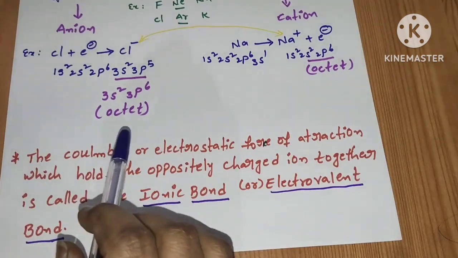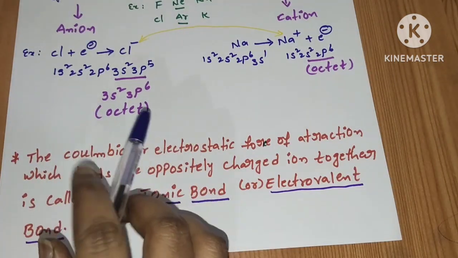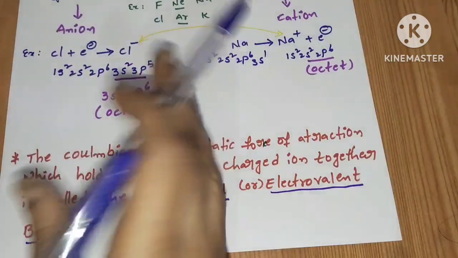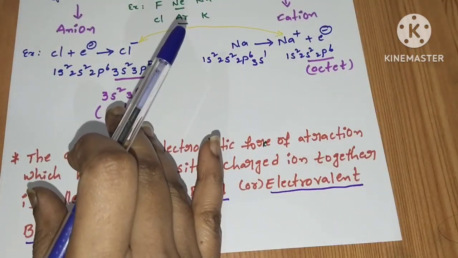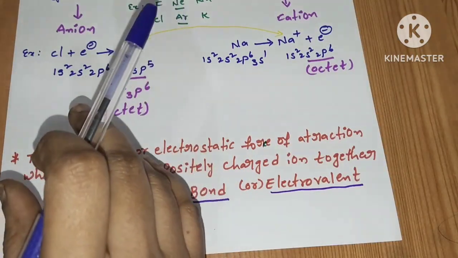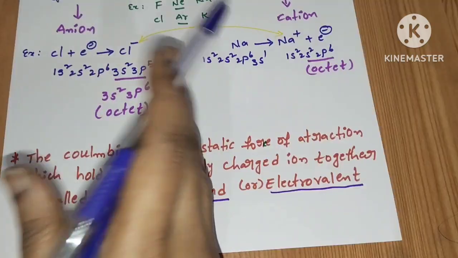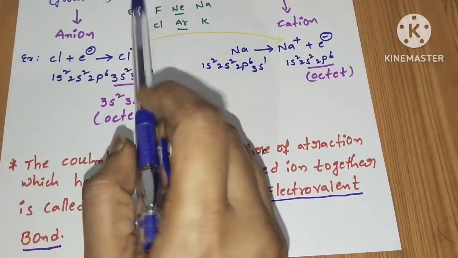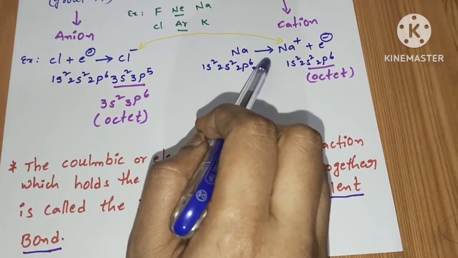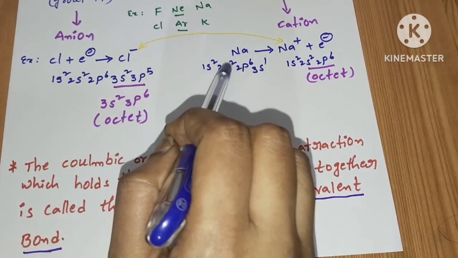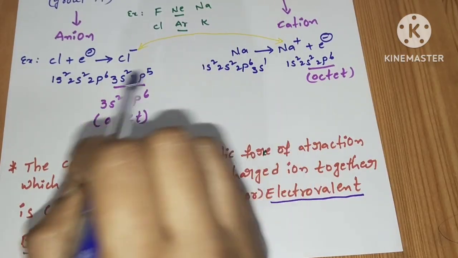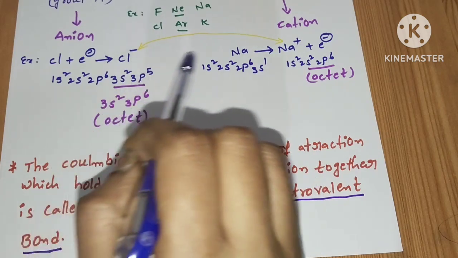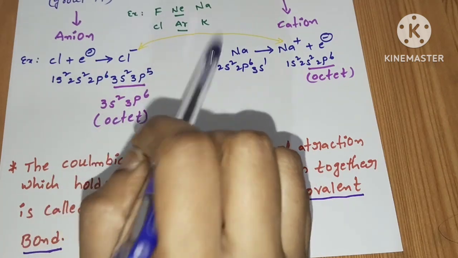There are a few exceptions in which we are discussing the duplet. Otherwise, each and every element attains the noble gas configuration by the loss or gain of electrons in order to achieve the octet. Now these negative and positive ions are stabilized by a force of attraction known as the electrostatic force of attraction.